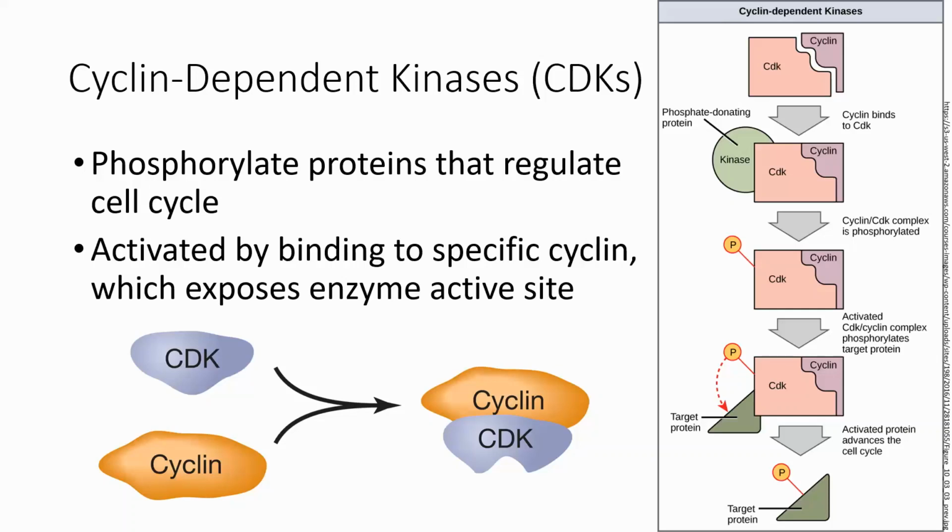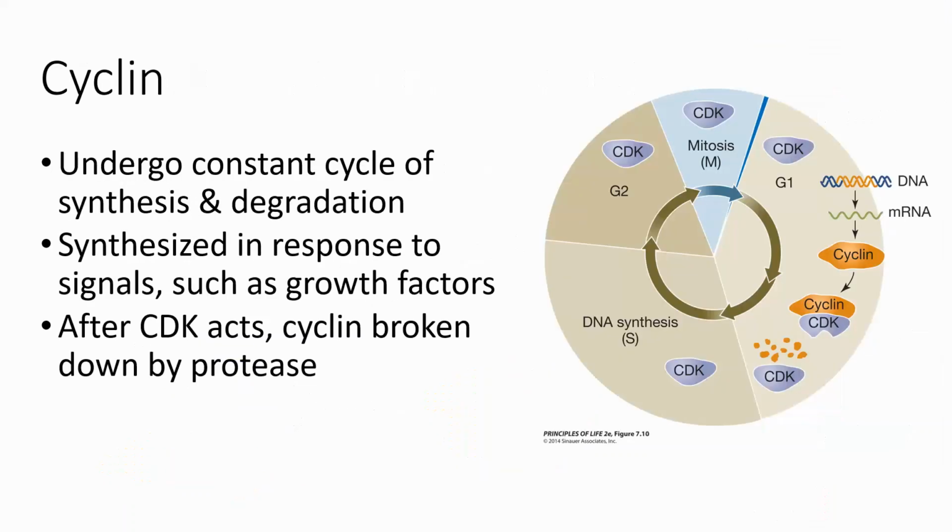Each CDK has a particular cyclin it binds with. There are some simpler cells that only have one CDK, one cyclin. There are others, like I think in our cells, there's a good 5 that are active to control the cell cycle. Each cyclin only exists in the cell for a certain part of the cell cycle, but the CDK is constantly available in the cell.